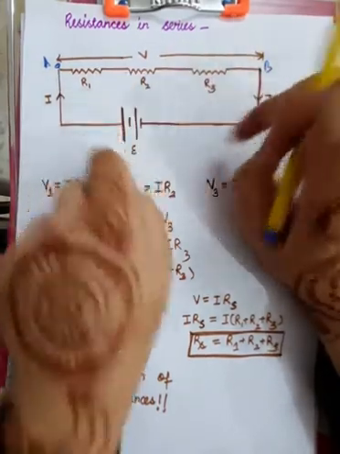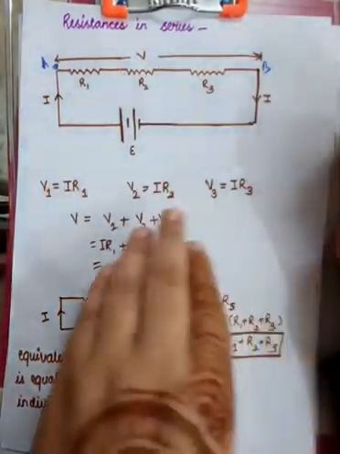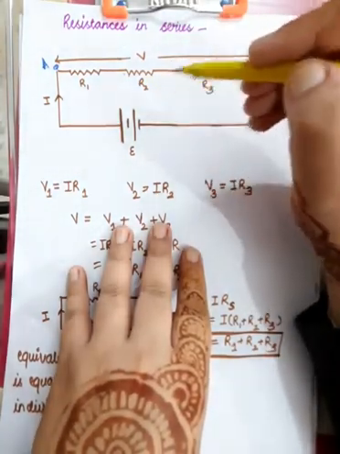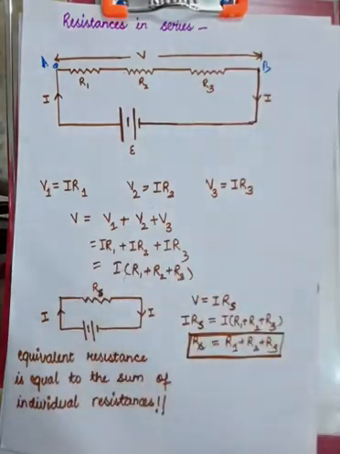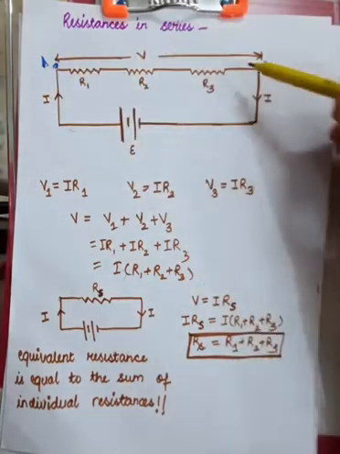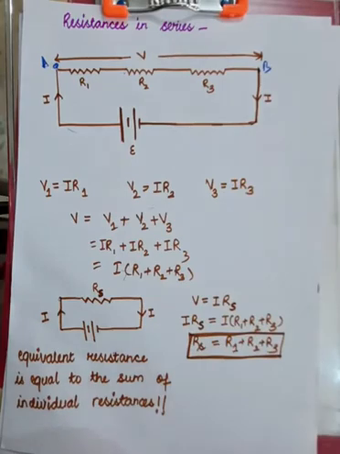It is provided by this battery, which is capital V. Now the current will start flowing, and the conventional current flows from the positive terminal of the battery to the negative terminal of the battery. So the current goes from here, and this is the same current which is coming up here.